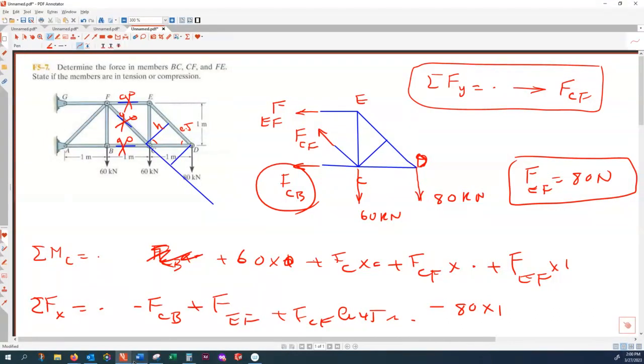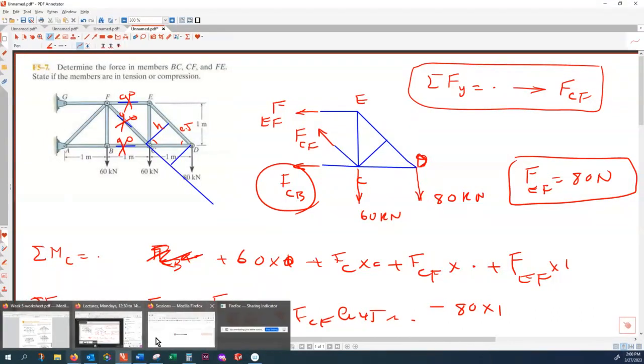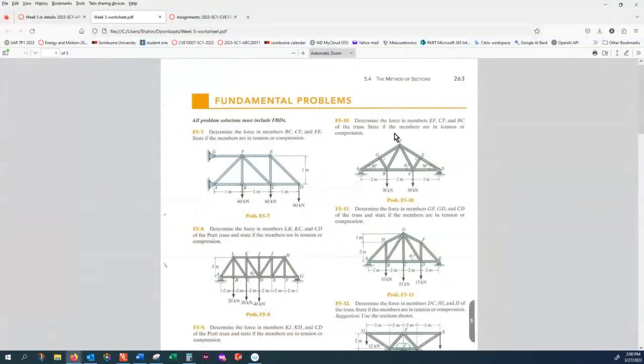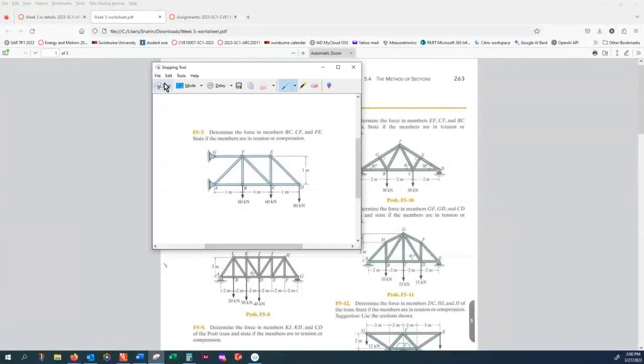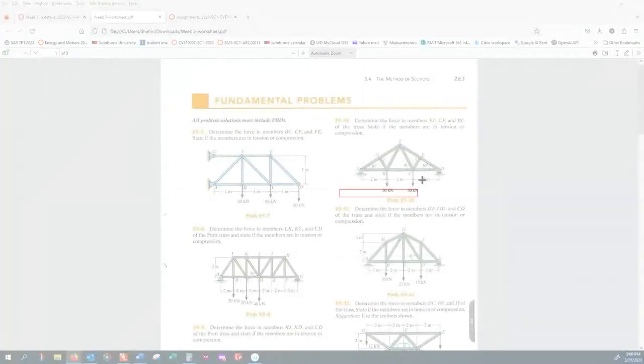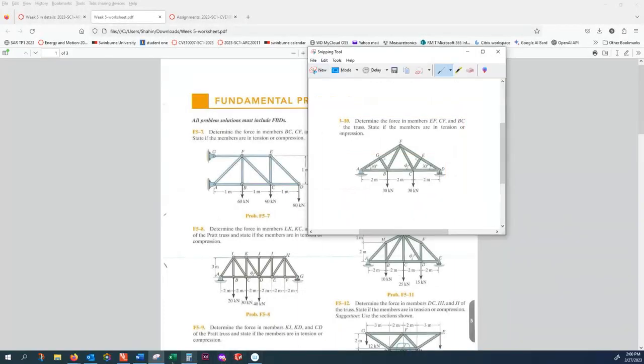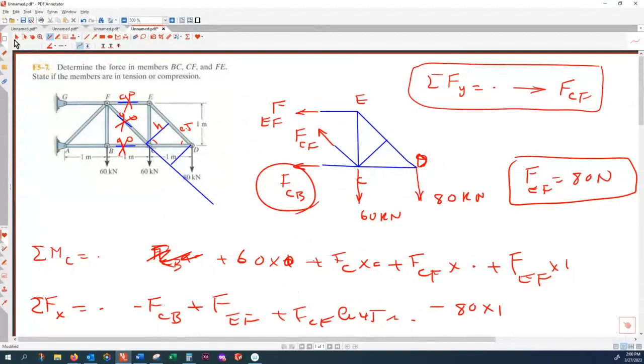Let's go to another discussion, for example, this problem. All right, this is a question from last week. So who can tell me whether this problem can be simplified? So let me bring that here.